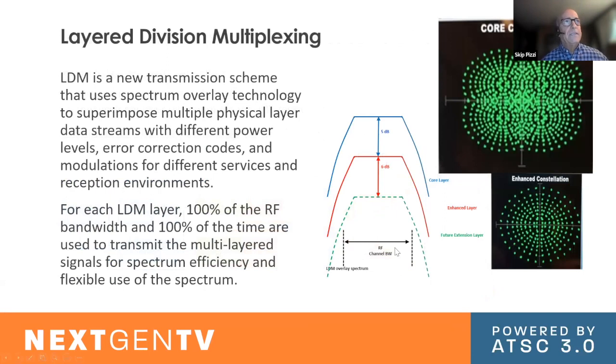I mentioned LDM, this layer division multiplexing. This is something that's come out of what used to be just kind of classified sorts of radio transmissions where you're hiding a signal under another one. Now this is in the broadcast mode.